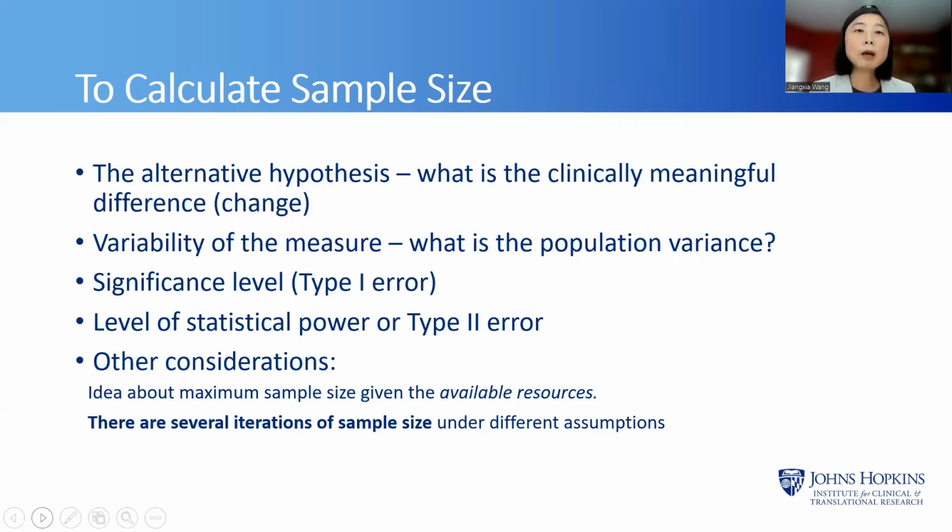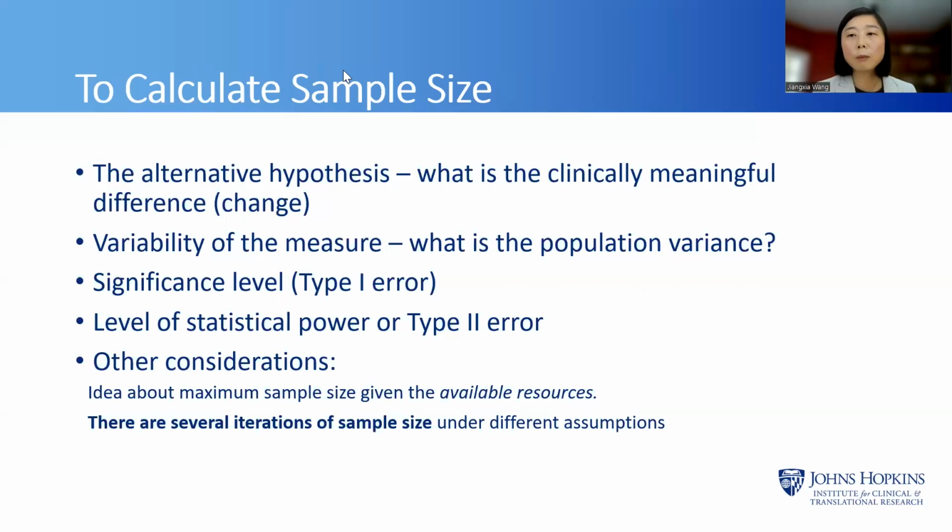So to calculate sample size, here are the steps. The first one is to specify the hypothesis. In the alternative hypothesis, we need to define what is the clinically meaningful difference or change. And then we need to find out the variability of the measure.